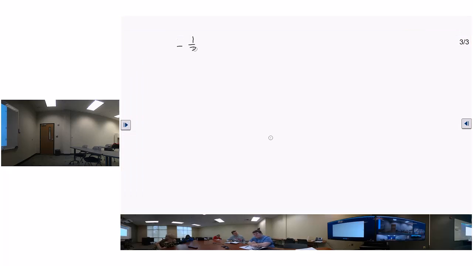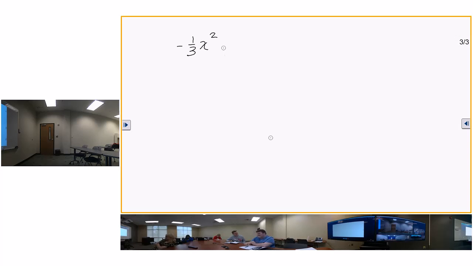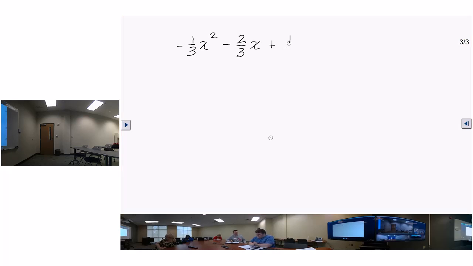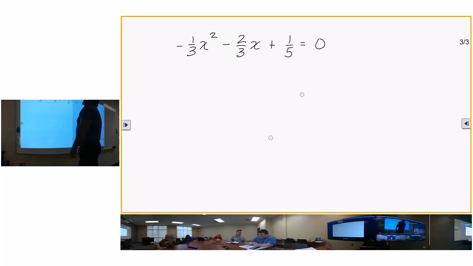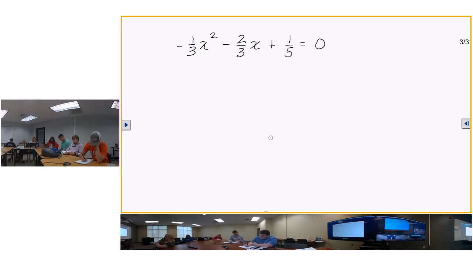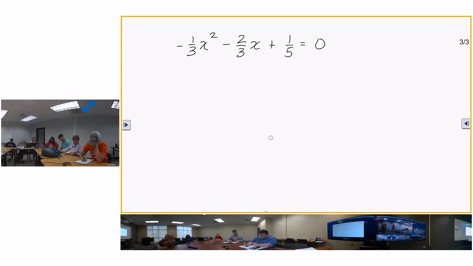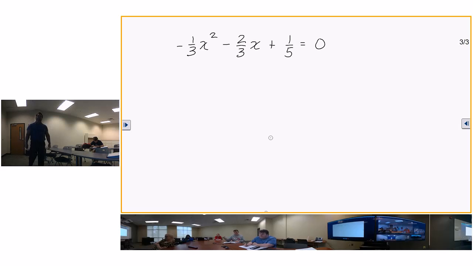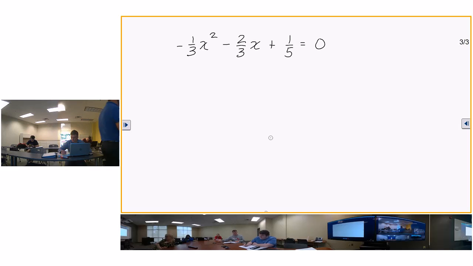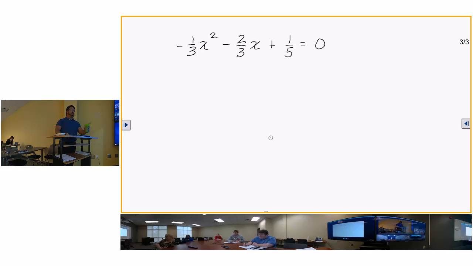Negative 1/3 x squared minus 2/3 x plus 1/5 is equal to 0. Just go ahead and quit. Throw your pencil down, make it pop on the notebook paper. Y'all can do that, can't you? Oh, that was pretty sorry.